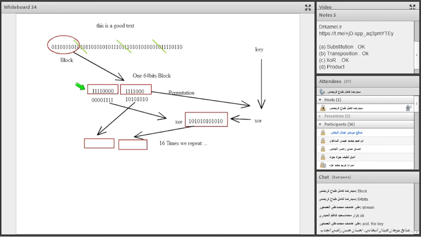So the XOR of the left side with this output of the key and the right side, we put that one here.